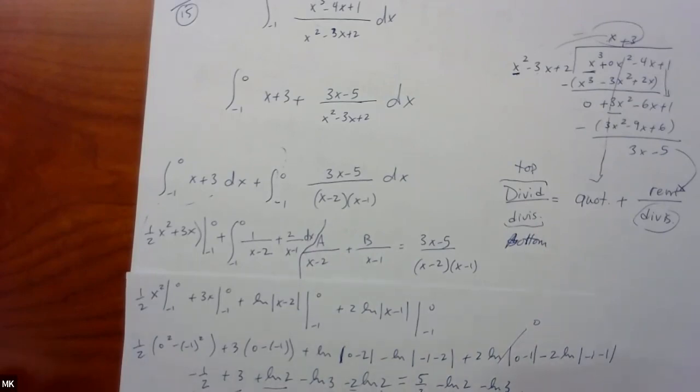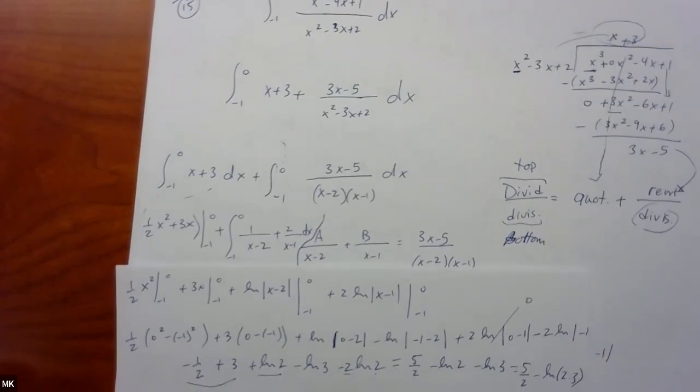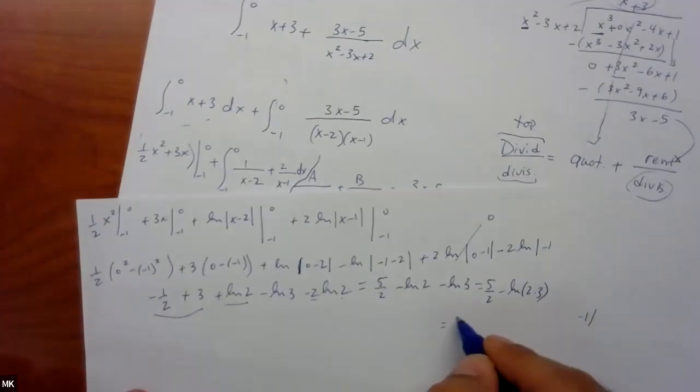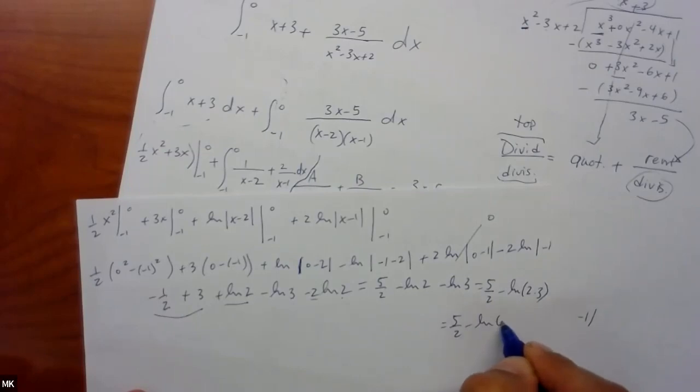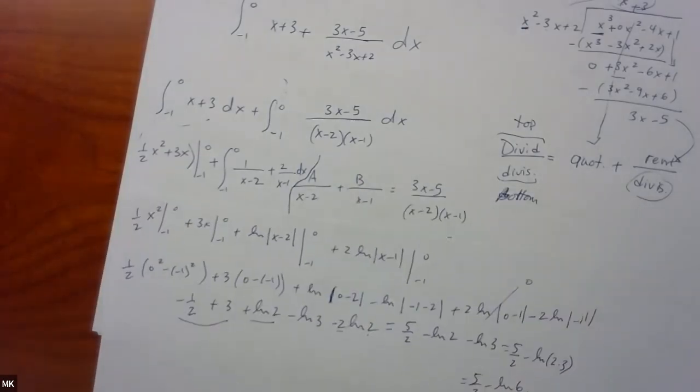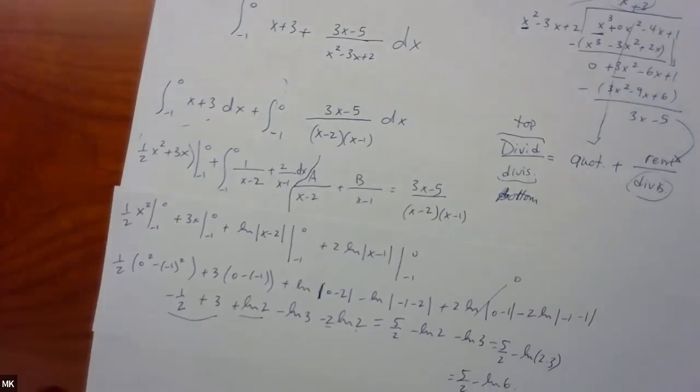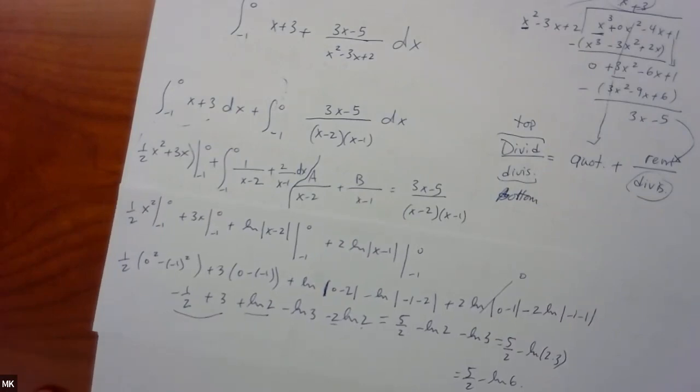You have the choice of combining those. I don't know if you want to, but which is going to be 5/2 minus natural log of 6. Okay, if you want to combine it, you don't have to.